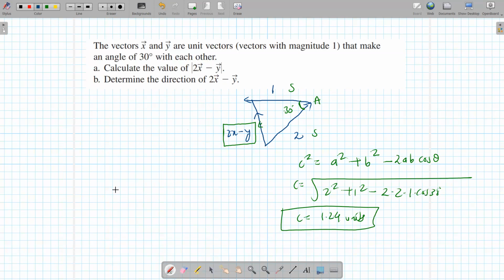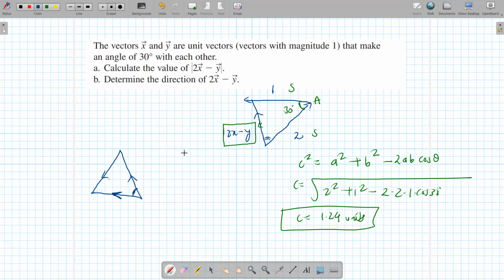Okay, not a problem. The only issue here is we don't know if that's north or south or east or west, because it didn't say which direction it started off as. What I mean by this is this exact diagram, you can draw it like this. You see this is going to be a resultant. Here it looks like it's northwest. Here it looks like it's northeast.